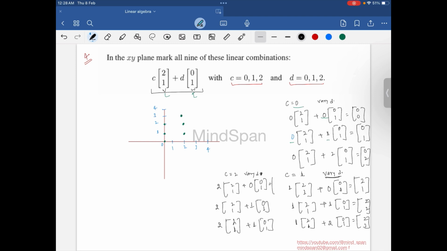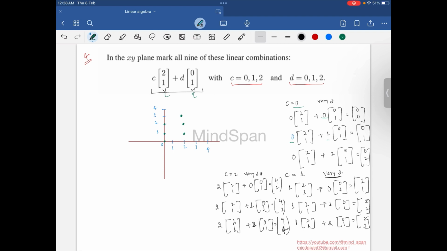So from here what we will get is 4 and 2, and from here we will have 4 and 3, and from here we will have 4 and 3, same. So it is here we will have 2, right? So we will be getting 4 and 4.